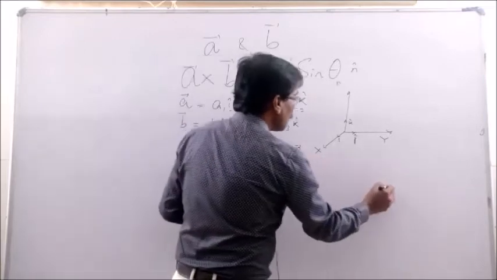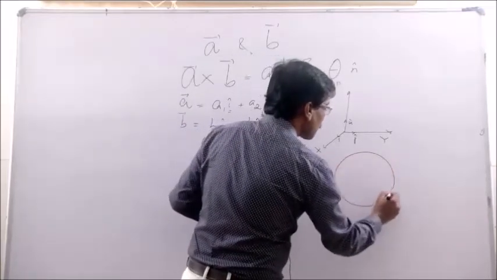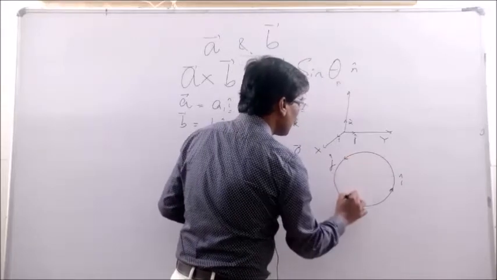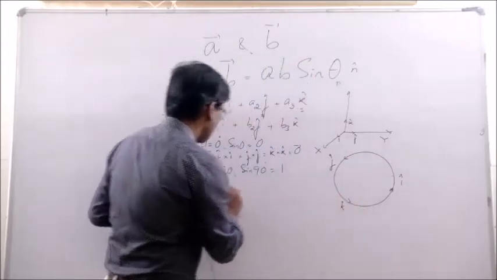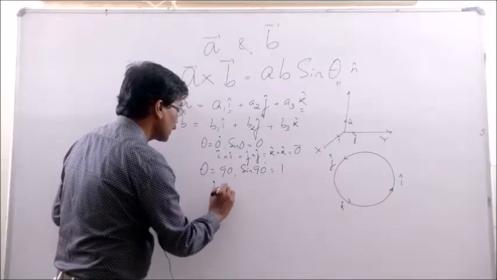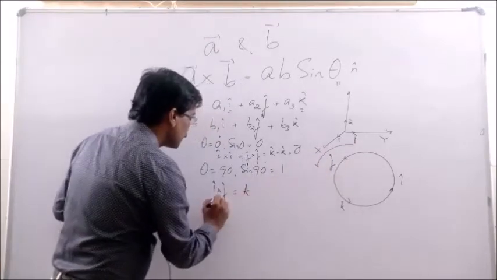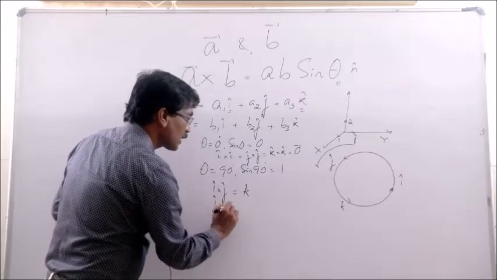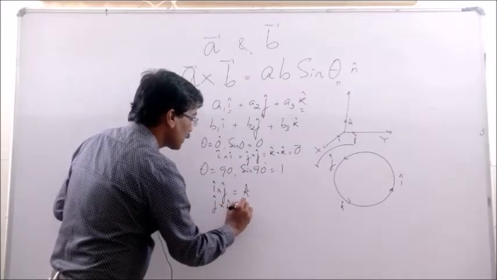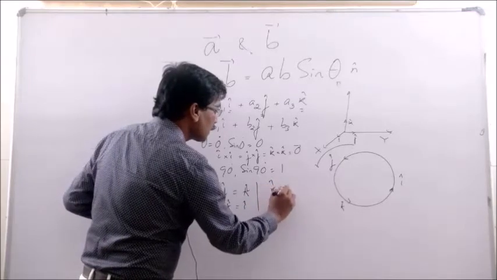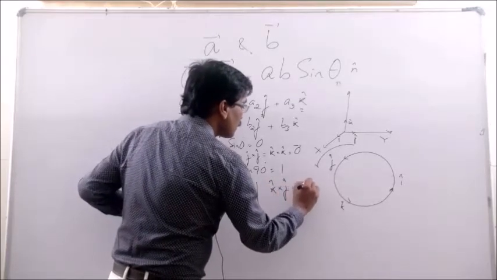So if we go in the cyclic direction i cap, j cap and k cap, i cross j is equal to k cap. Similarly, j cross k is equal to i cap, but k cross j is equal to minus i cap.